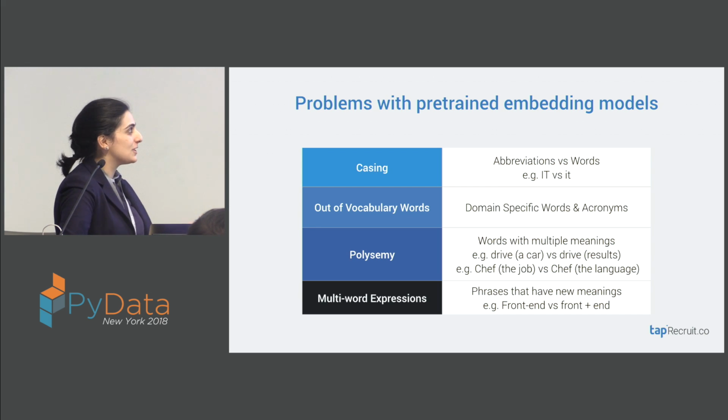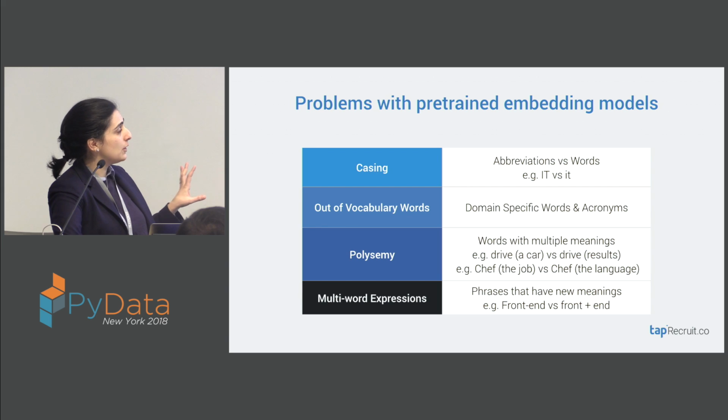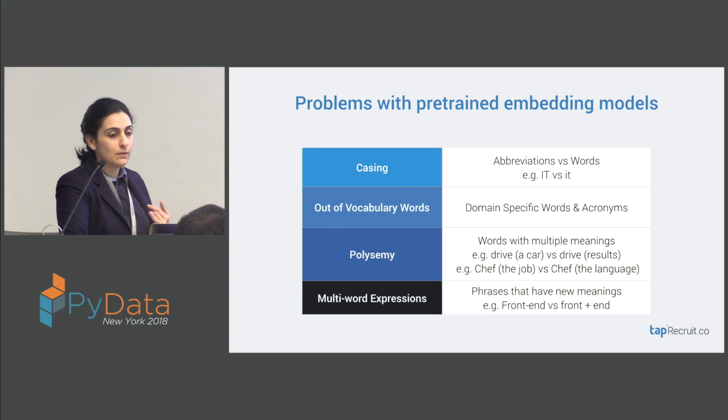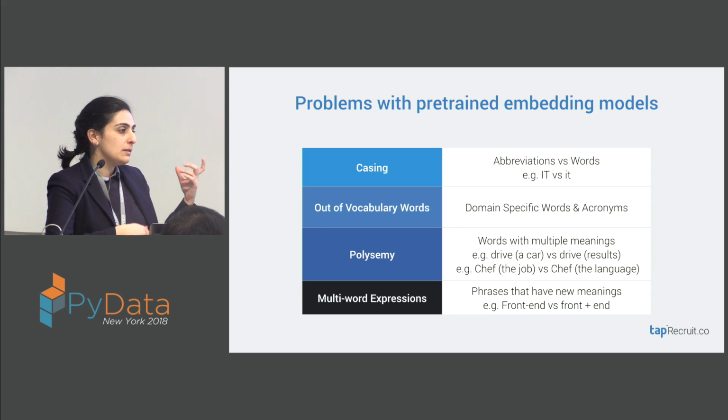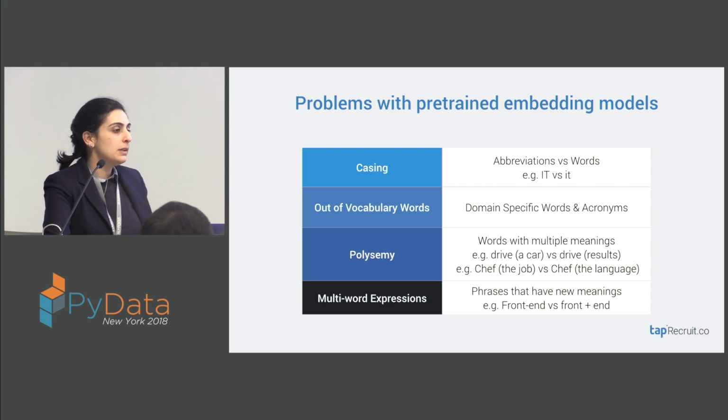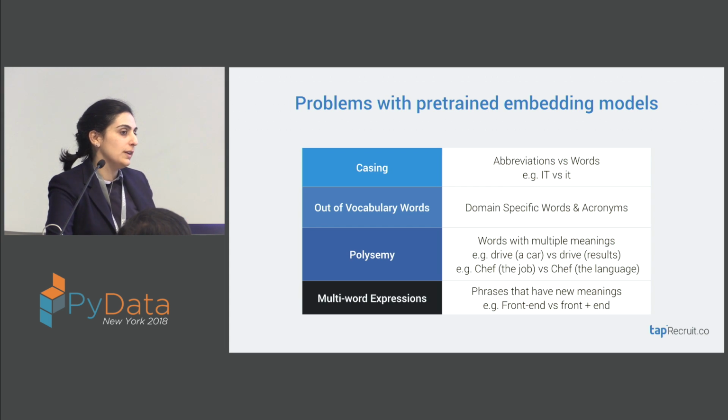So that's one of those other sorts of things. There are two other areas that are really important in terms of embedding models: polysemy, which are words that have multiple meanings, and multi-word expressions. So "front" plus "end" means something very different to "front end".